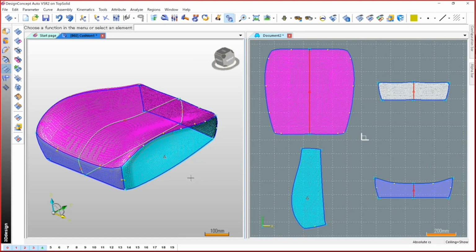But the most important thing we need to emphasize here is that the number of real mock-ups is going to be decreased by digital designing.